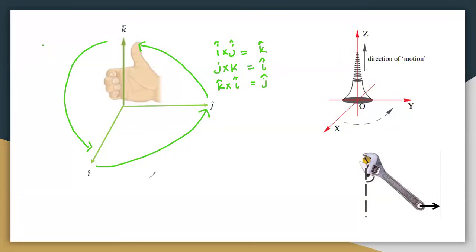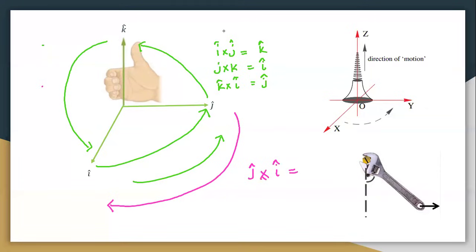Now, this is the movement using the right thumb rule. But if you take the other direction, the clockwise direction, members, from your understanding, if I take J cross I, which direction do we get?